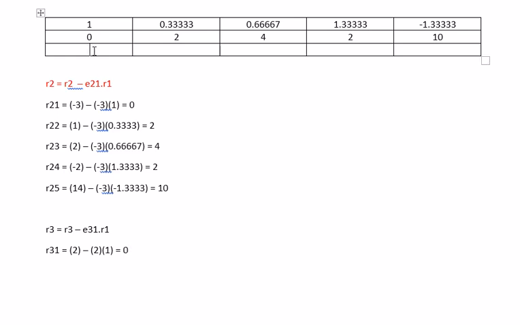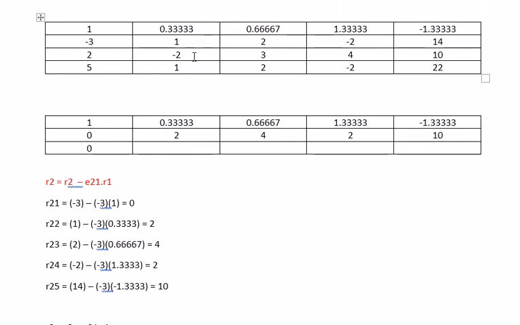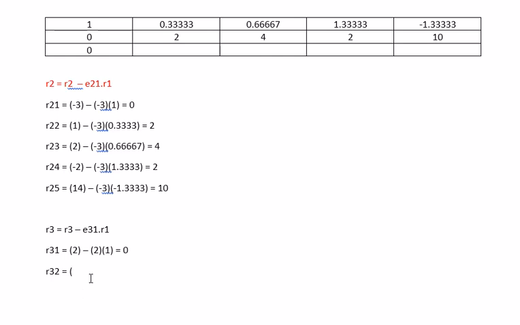Our first element here will be 0. Then we have here R32 will be equal to, this is the value of the element in row 3, second column, that is negative 2. So minus 2 minus constant is 2, and the element in row 1, which is 0.3333.